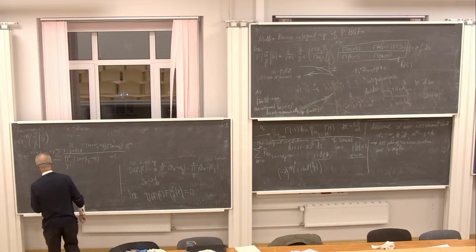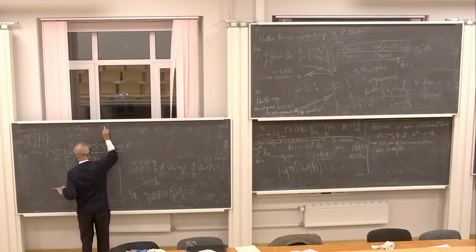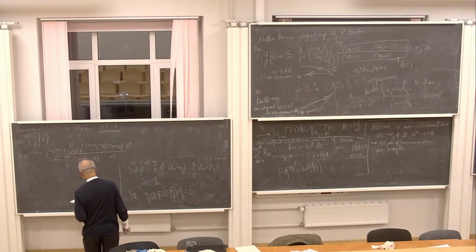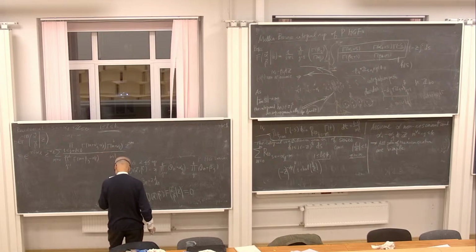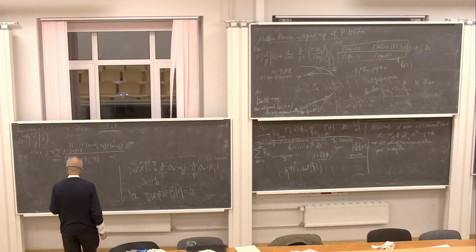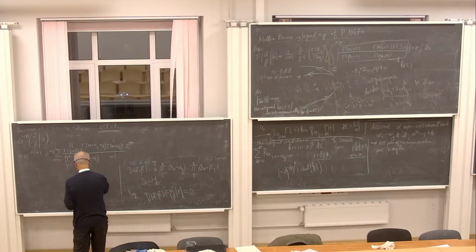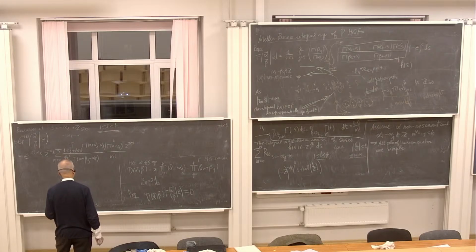And I have l running from 1 to k. I have a k-tuple of series, with minus m of course, convergent near infinity, characterized by these gamma function expressions.